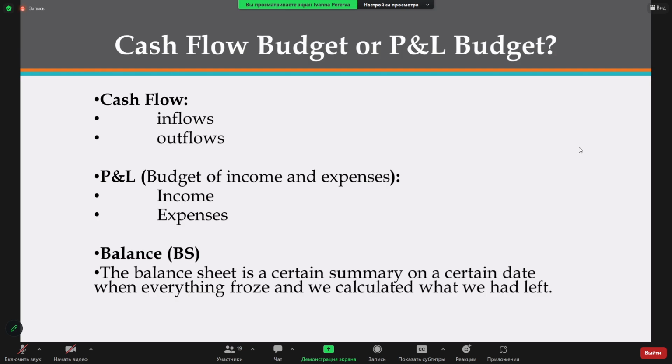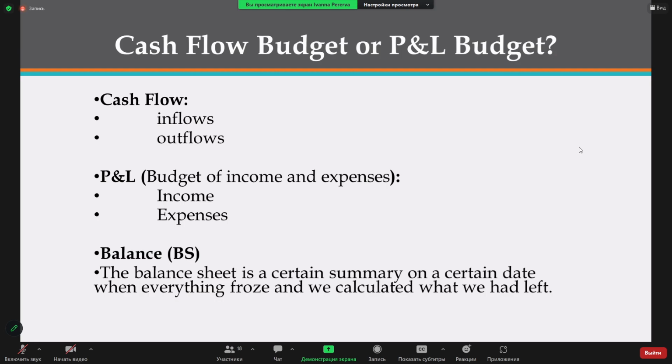A lot of owners believe that having cash flow and P&L will give them a complete picture of the state of their company, but unfortunately, it's not true. Of course, according to these statements, we can see the situation on some concrete period of time.